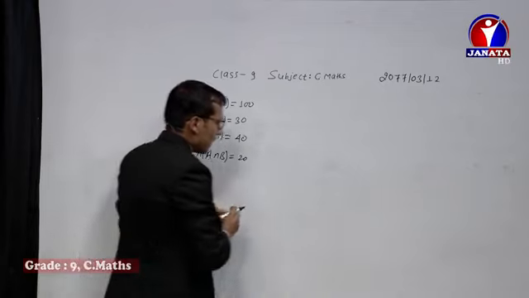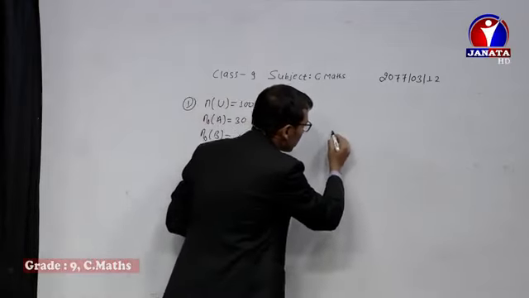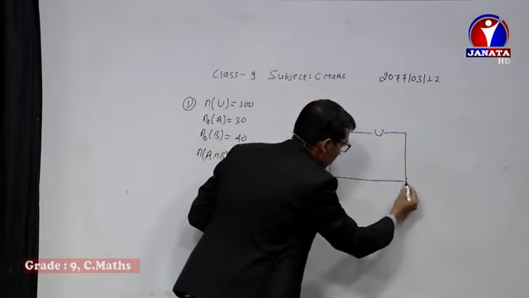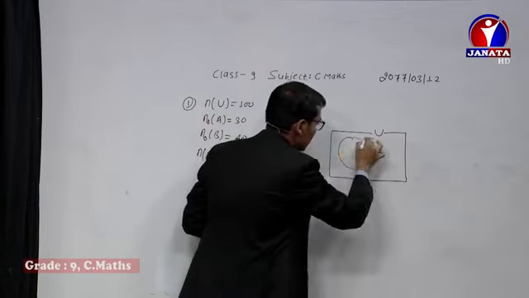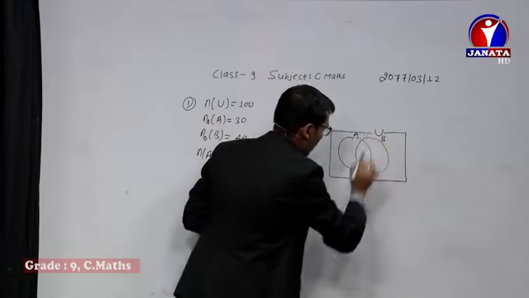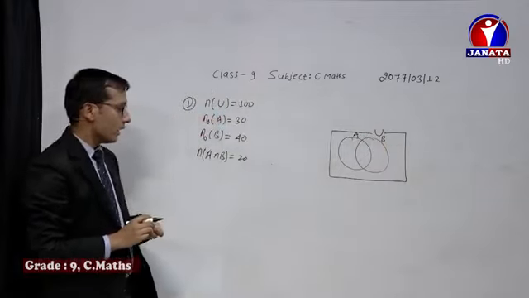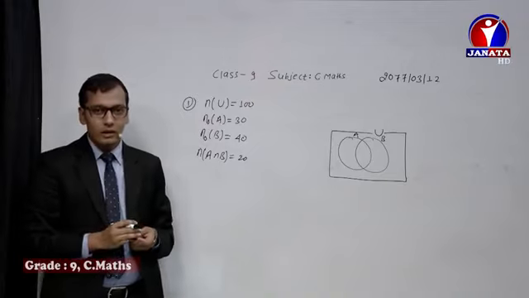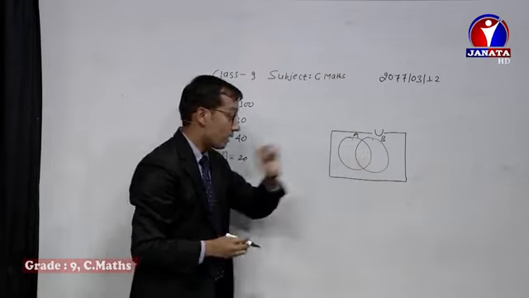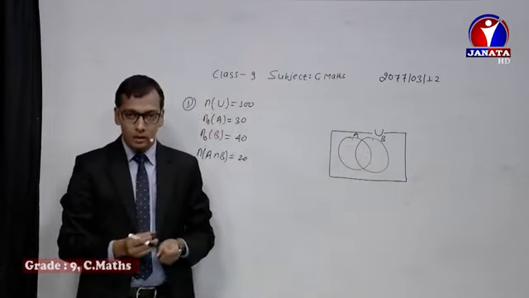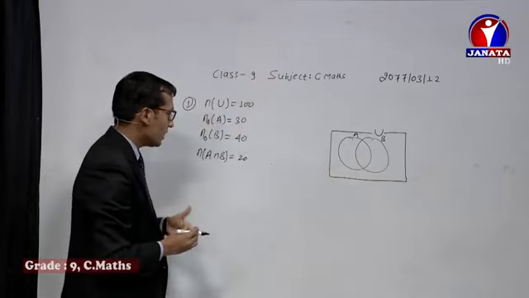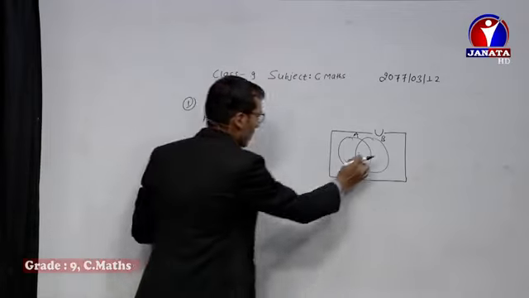So now we can draw the diagram. There are two sets A and B. So while inserting the numbers in the diagram, we start from the intersection part of the Venn diagram, from the common region that is called A intersection B. So what is the cardinal number of n of A intersection B?